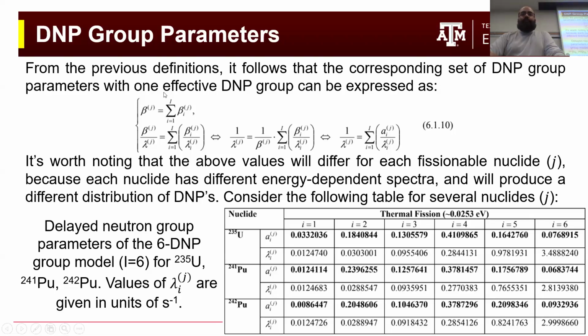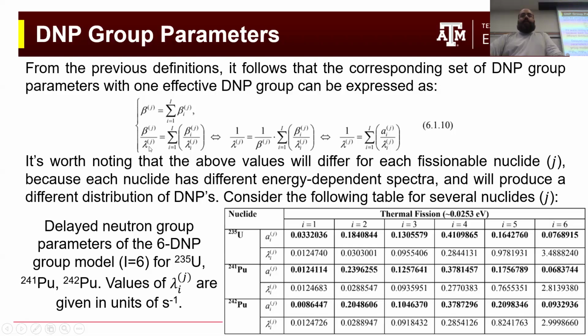Notice that if you see a subscript I on these quantities, it means that quantity is for a particular delayed neutron precursor group. If you don't see the I, it's an effective value that comes about by summing or averaging the values from all of the other precursor groups. So my effective delayed neutron fraction, beta, is the sum of all of my individual beta I's.